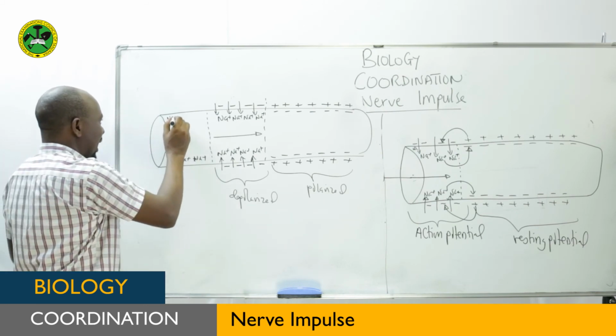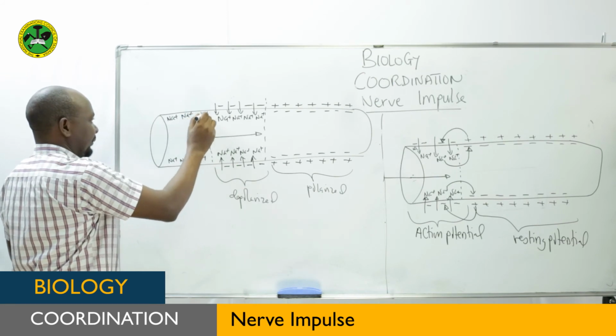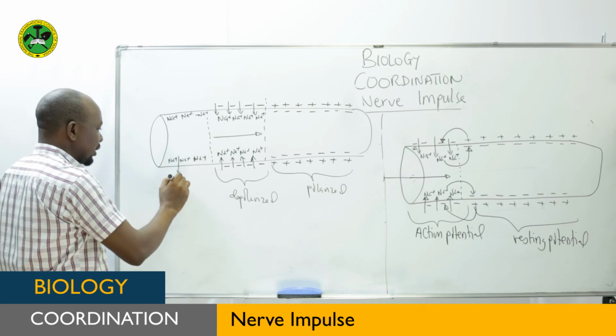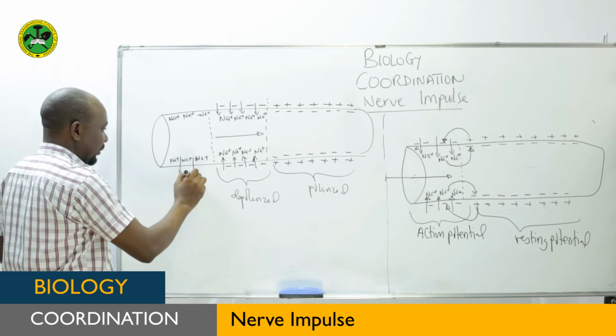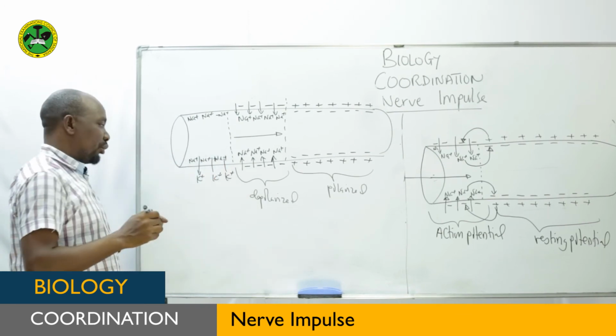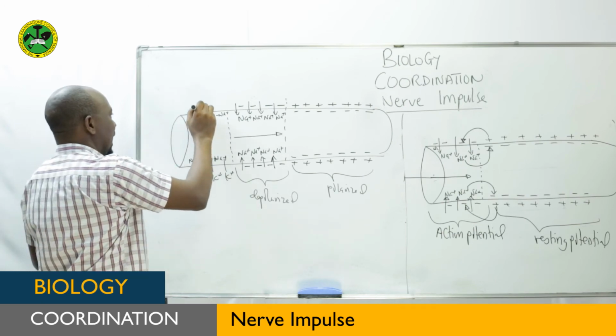So the sodium ions remain inside. But the potassium gets the channels open, allowing the potassium ions to leave the axon plasma.